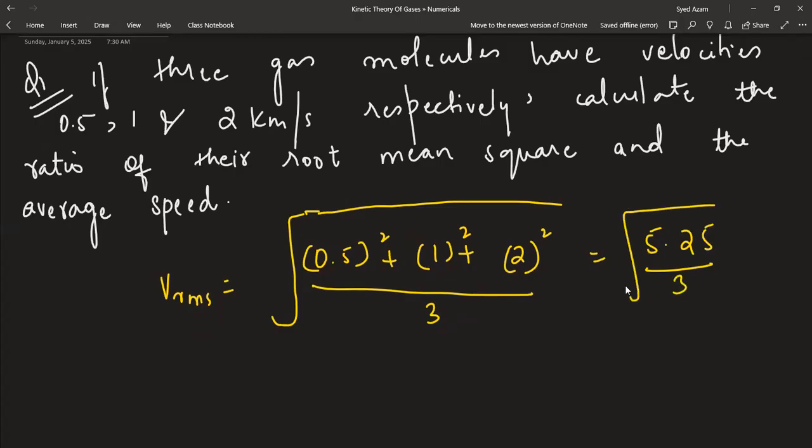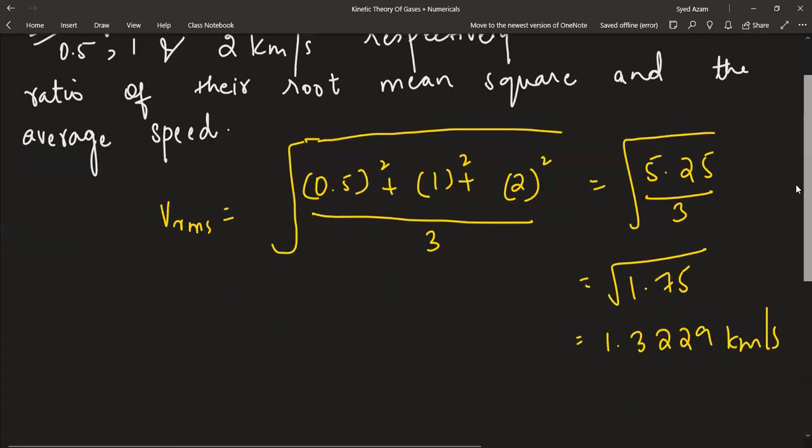When you solve, this will be root 1.75. So root 1.75 is 1.3229 kilometer per second.